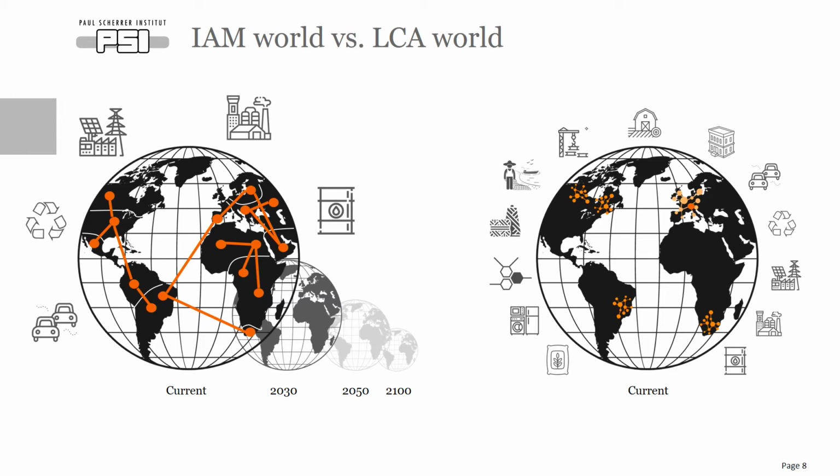And also some IAMs would give us a representation of the transport sector by telling us how the transport demand is expected to evolve in the future, what would be the composition of passenger cars in terms of powertrain size, and the same for road freight transportation, and so on.